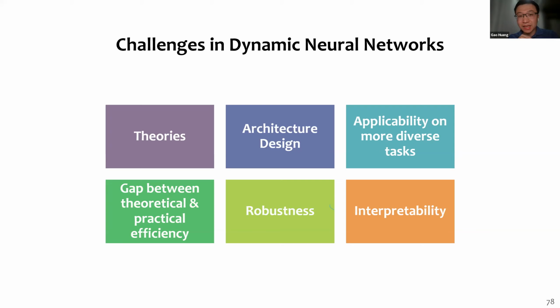For example, many of the architectures are developed for static models, but they may not be suitable for dynamic models. And so far, some of the dynamic networks cannot be applied to detection or segmentation. They can only be applied to classification. And also, there's a gap between the theoretical and the practical efficiency for some of the dynamic networks.